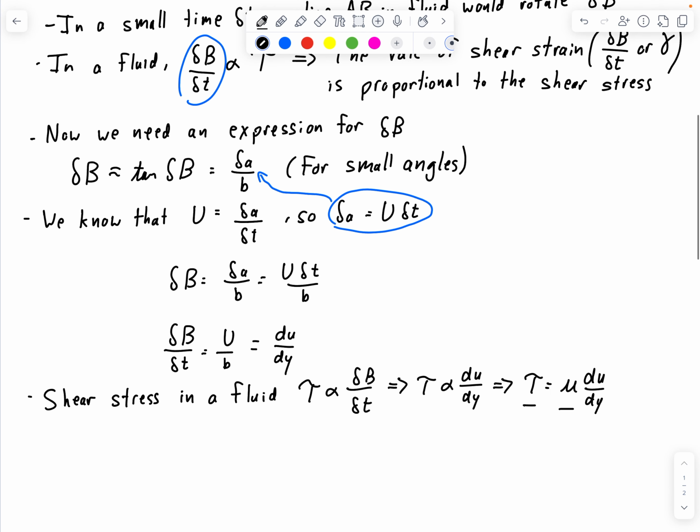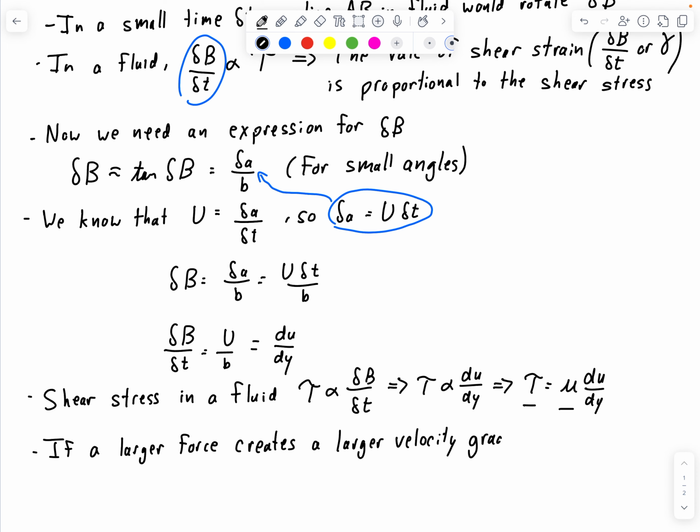We can also say that if a larger force creates a larger velocity gradient, then tau, the shear stress, will be larger too.